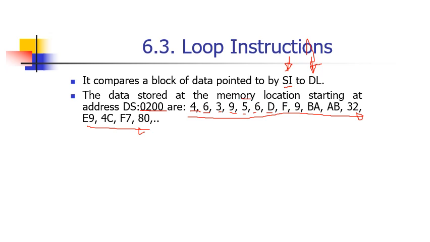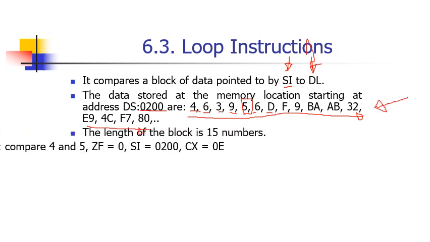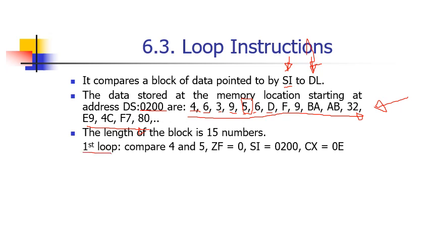If you look closely, the fifth value within these 15 memory locations is equal to 5. So you do your first iteration: pick 4, compare it to 5. ZF is 0, they are not equal, and you decrement your CX by 1.